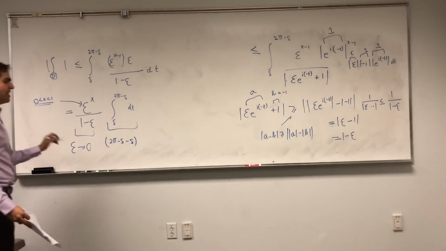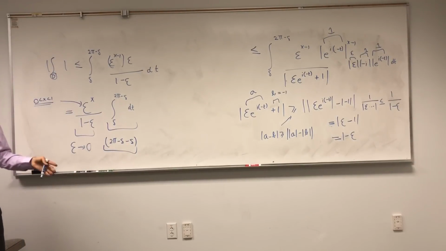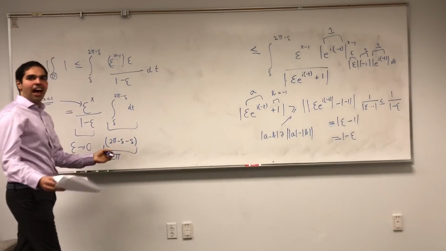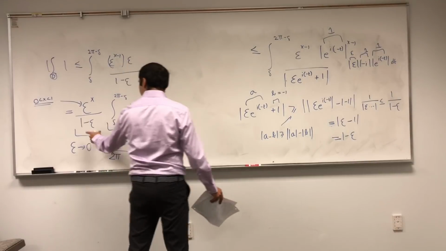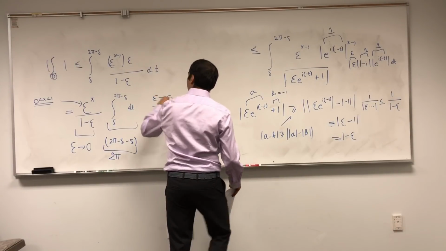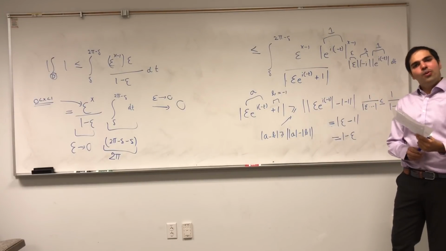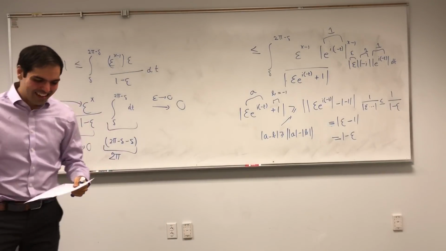And now, as epsilon goes to 0, remember I told you that delta also goes to 0. So no matter what its exact value is, it goes to 0. So we have something that is 0 times 2 pi. So as epsilon goes to 0, this integral actually goes to 0. Whew. 1 out of the 4 is done, okay?